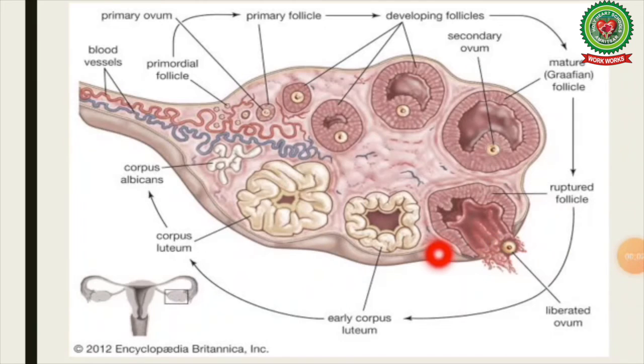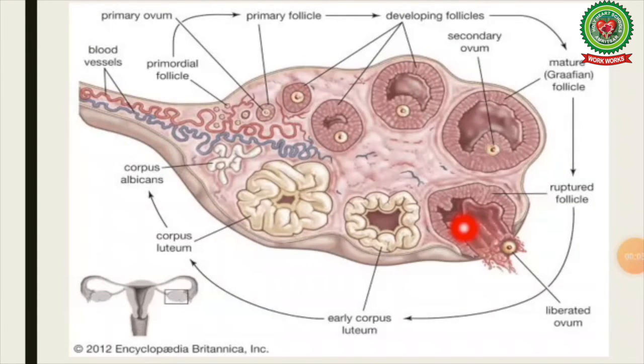The corpus hemorrhagicum, that is a bleeding corpus luteum, is a temporary structure that forms immediately after ovulation from the ovarian follicle as it collapses and is filled with blood that quickly clots. After the corpus hemorrhagicum, the subsequent structure is called the corpus luteum.